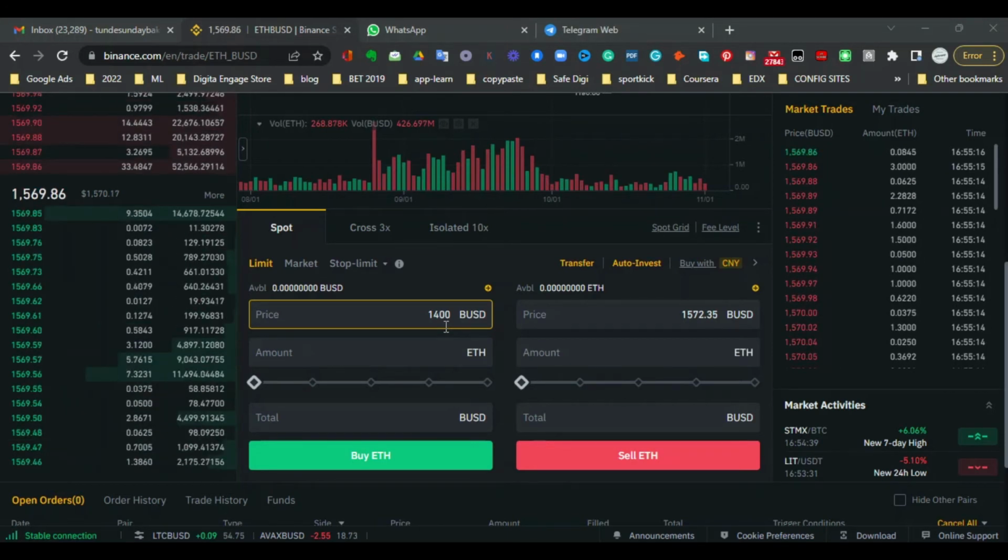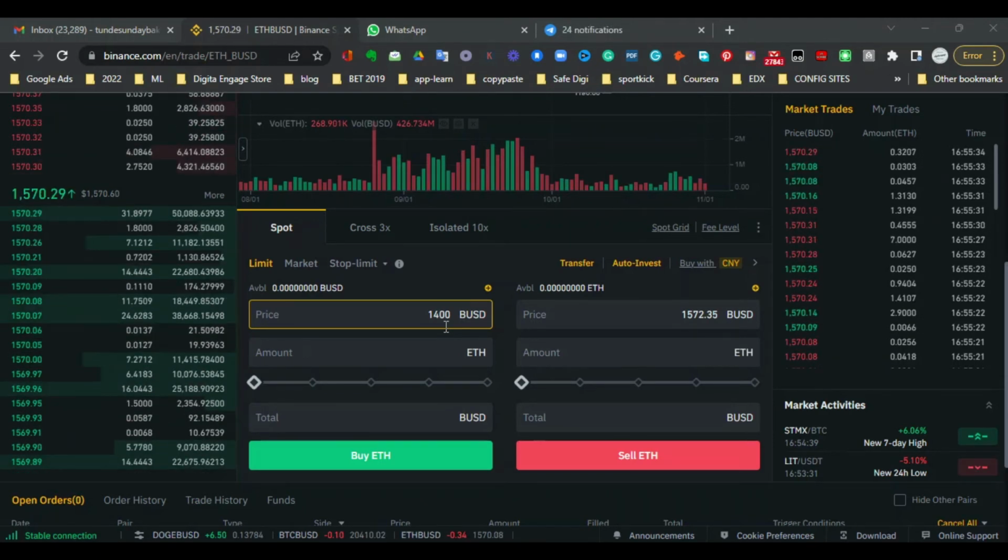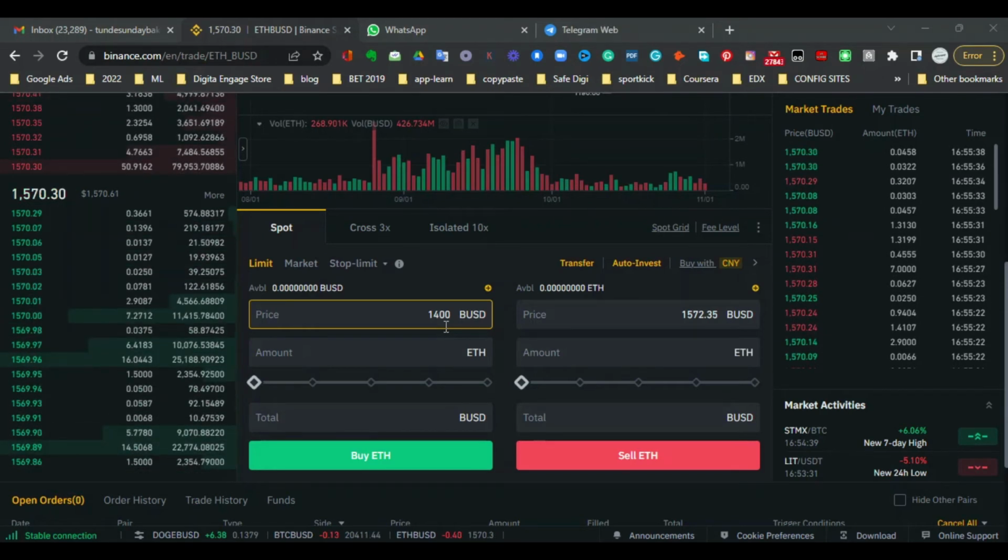A buy limit order with a limit price of 2,000, which is above the current price, will be fulfilled immediately because the executed price will be around 1,570.08. Let me explain that part.